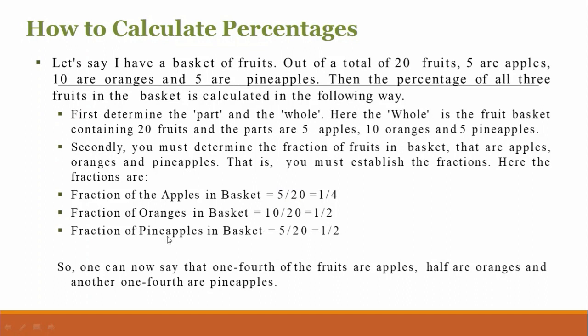And for pineapples, there are 5 pineapples in the basket, so the fraction is 5 by 20, which simplifies to 1 by 4. So one can now say that 1/4 of the fruit is apple, half are orange, and another 1/4 are pineapples.